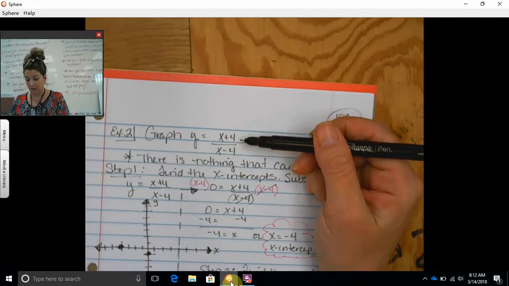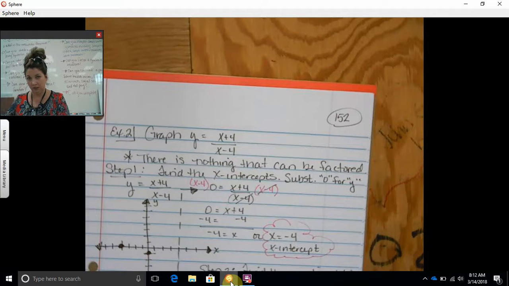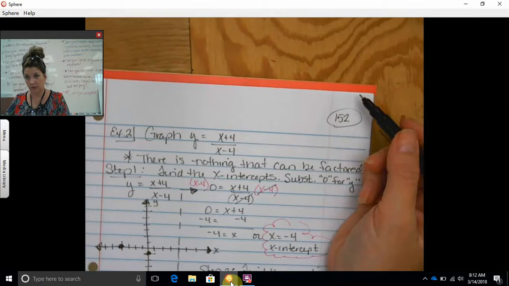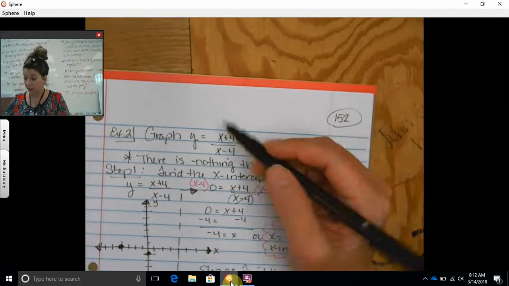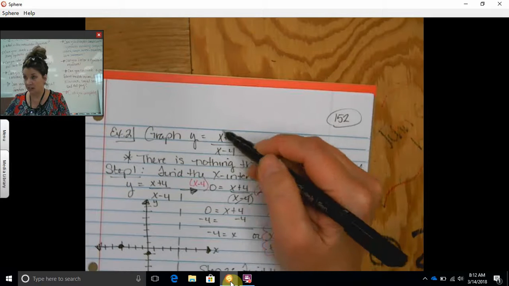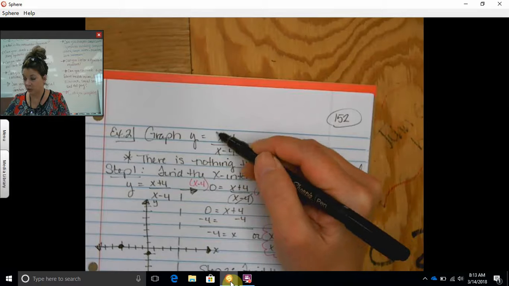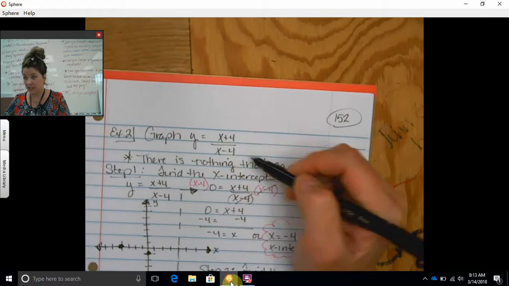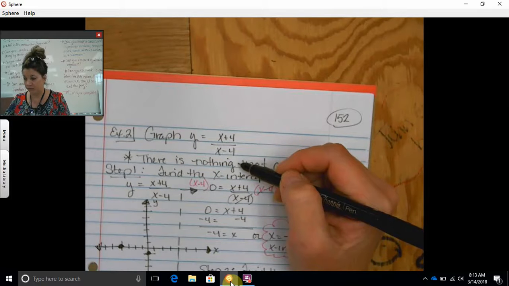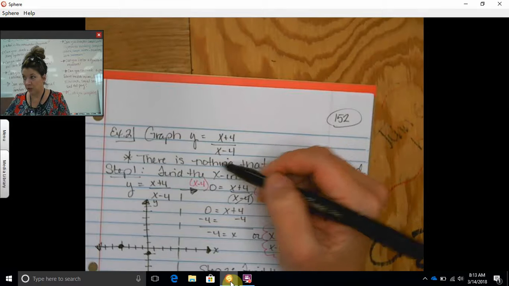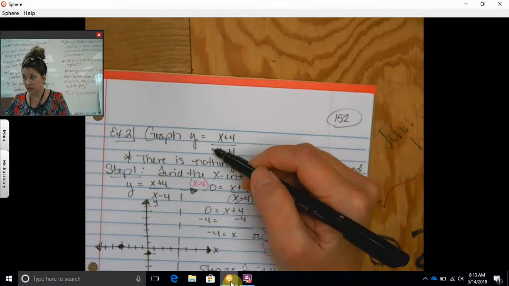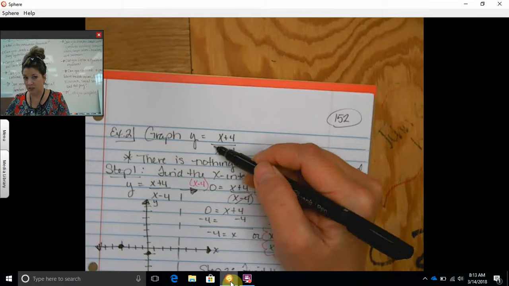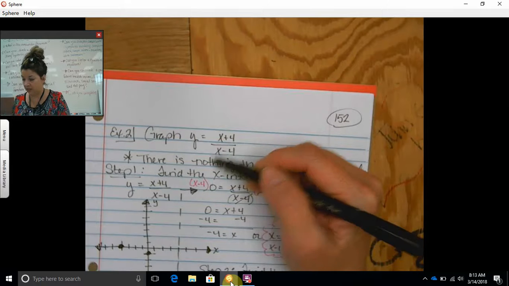So what's the leading coefficient of the numerator? Y'all know what the leading term is, right? The leading term is this 1x, because that has the highest degree. So the coefficient's 1. And the denominator, what's the leading coefficient? It's 1 also, right? This is my leading term because it has the highest degree. The coefficient is 1. It's implied if it's not there.